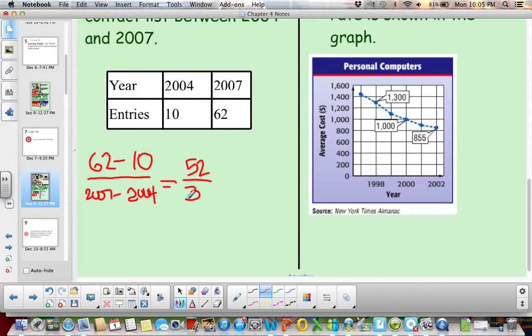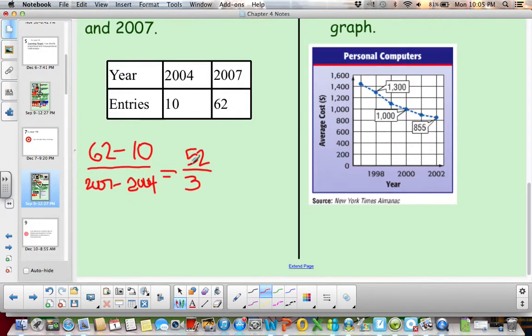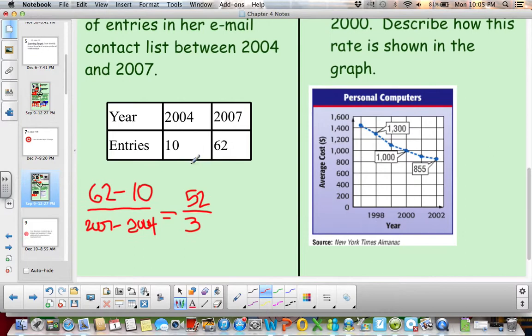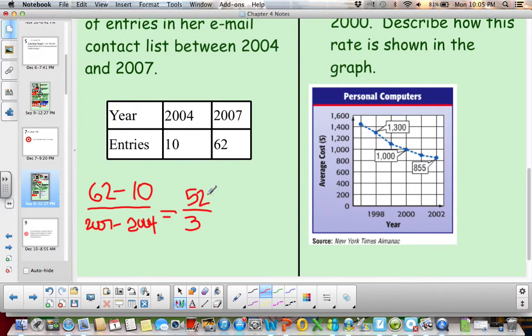That means in 3 years, her email contact list went up by 52. To find the unit rate, remember unit rate is when our denominator is 1, we take 52 divided by 3, which equals 17, so each year her list increased by 17.